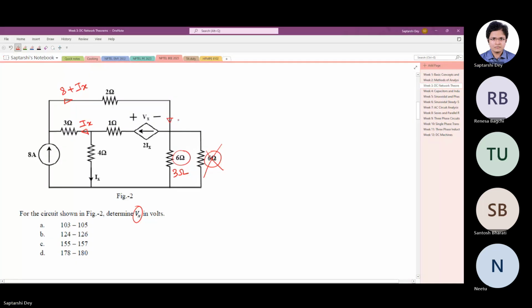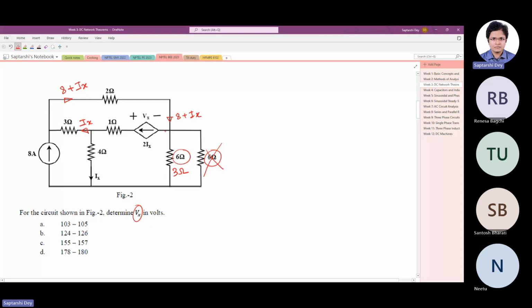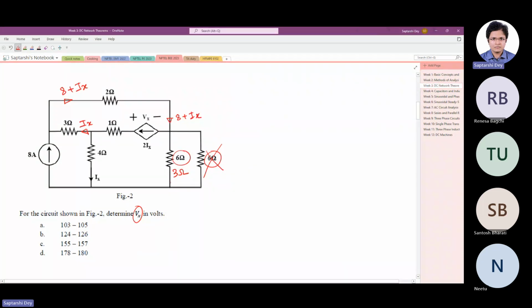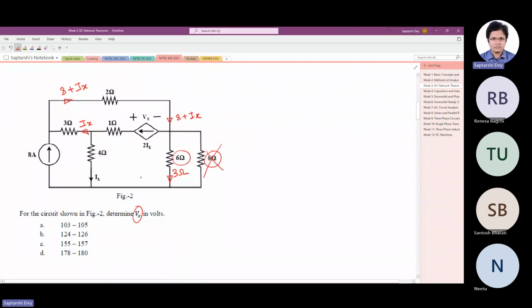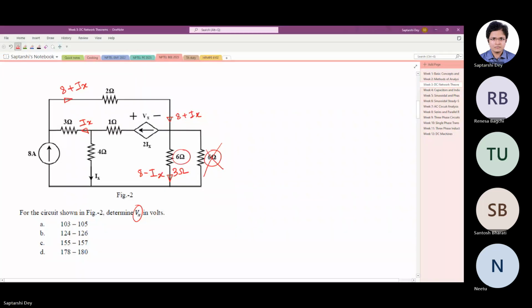Now out of 8 plus Ix, 2Ix goes away, so the current going down in this branch is 8 minus Ix. Right? So this much we can make out from the circuit.